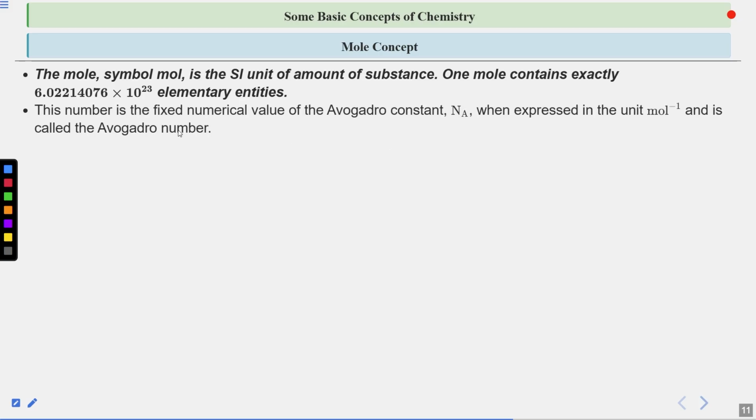Now, this number is fixed and is called the Avogadro constant, represented as capital N with a subscript capital A, and its unit is per mole. This is also called the Avogadro number. So both the unit, per mole, and the symbol capital N with a subscript of capital A are important.